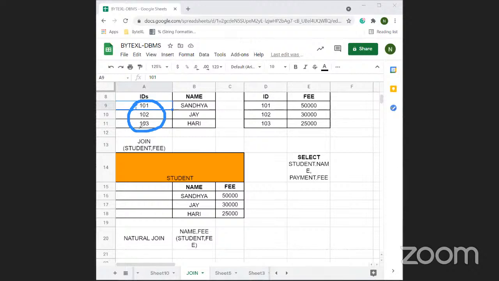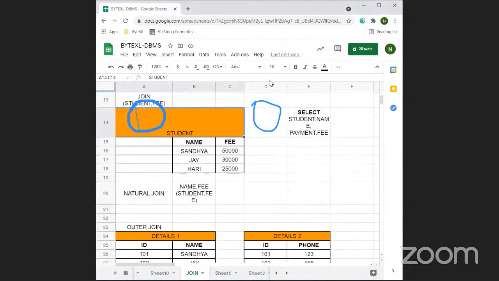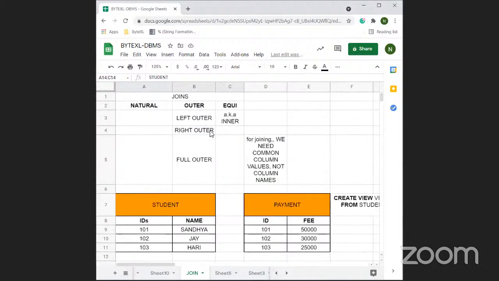Here we have 101, 102, 103, and in the other table also we have 101, 102, 103, some common values. If we have at least one such common value, we can combine the tables. So these are joins. As I told, when you want to join two tables, we use this concept.